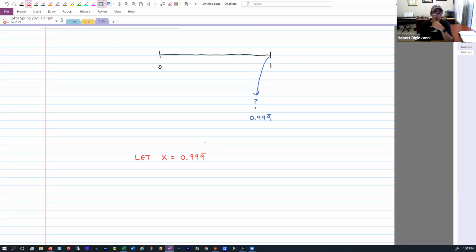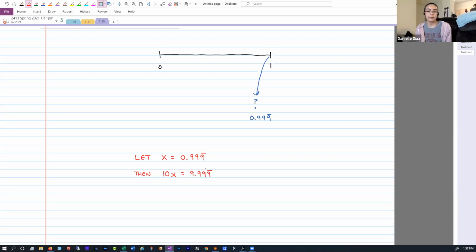Now I would like for us to conclude that 10 times x, well, what happens when you multiply a decimal by 10? What happens to the decimal point? It moves over 1 place to the right. So do you agree then that this should be 9.999 forever? Anyone disagree? Multiplying any number by 10 moves the decimal point 1 place to the right.